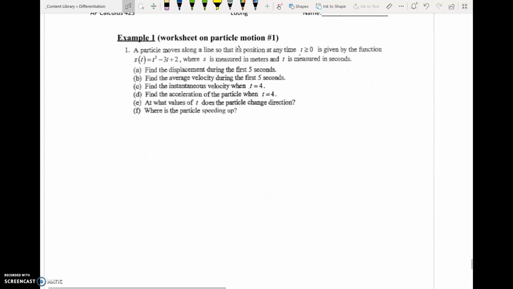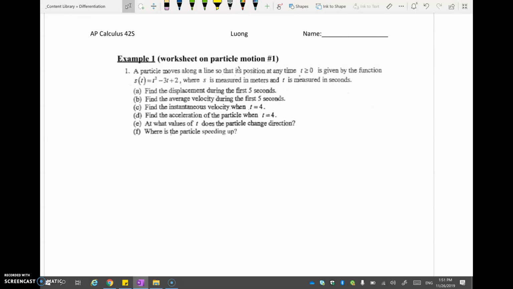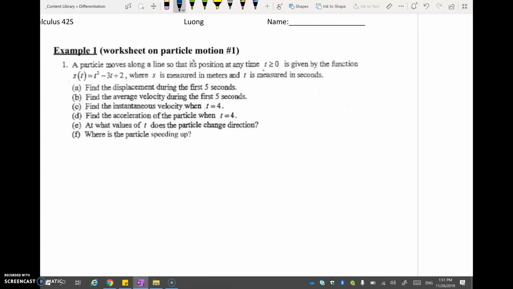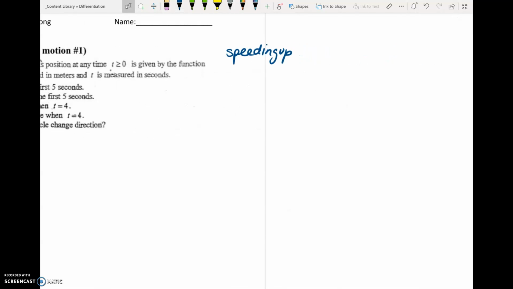Looking at an example on particle motion, before we begin, I want to make a point: whenever you have velocity and acceleration going in the same direction, or in other words with the same sign, then the particle will be speeding up. So a particle is speeding up when velocity and acceleration are in the same direction.